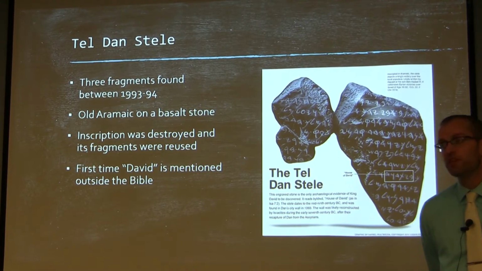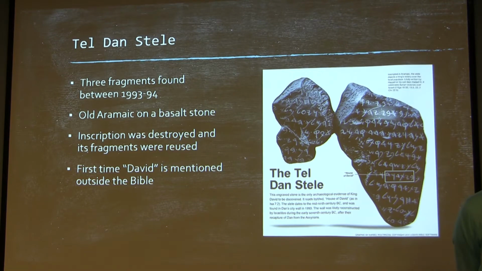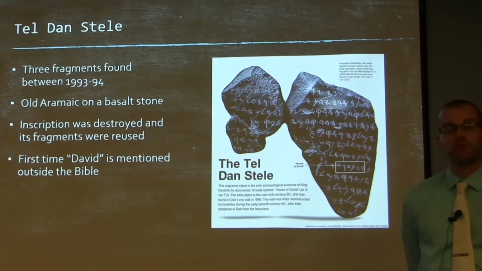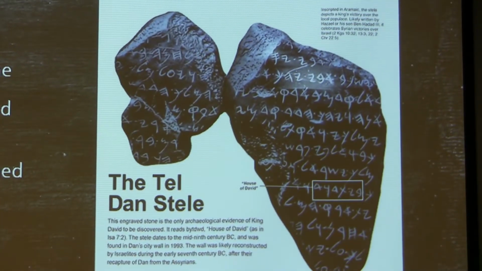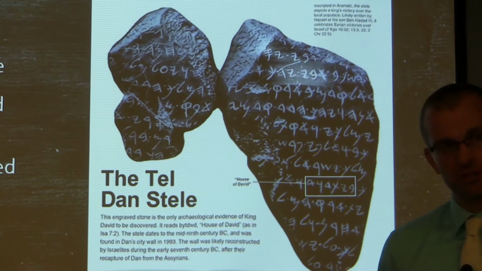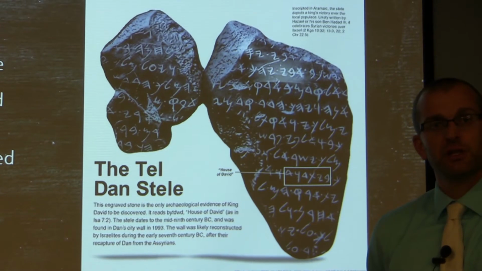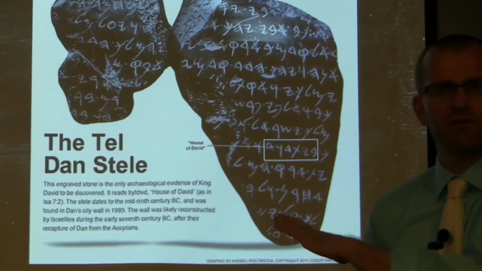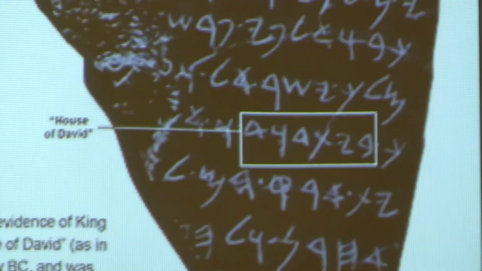The issue with the Tel Dan Stele is that on the Tel Dan Stele, this is where the name David was first found outside of the Old Testament. Now, what's interesting about this claim is that after the Tel Dan Stele was published, there was an article published that argued that David, and actually I think it's the house of David, which is the same phrase on the Tel Dan Stele, was actually reconstructed and appeared in the Moabite stone.